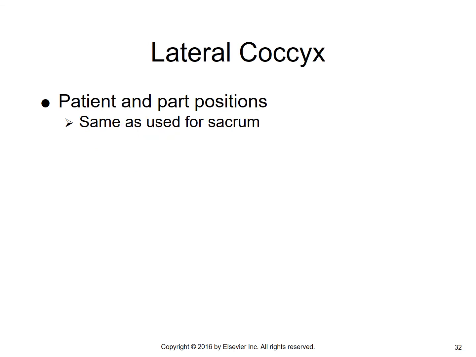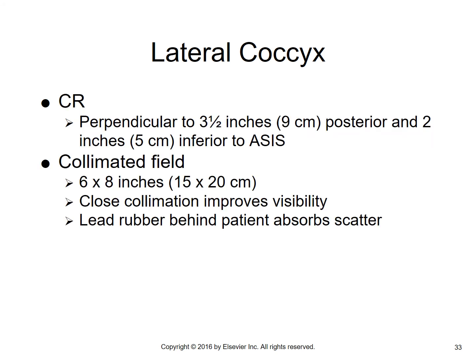For the lateral coccyx, patient and part positions are the same as used for the sacrum itself. Central ray: you're going to go perpendicular, 3.5 inches posterior to the ASIS, and then 2 inches inferior.